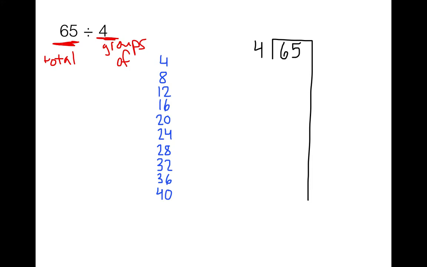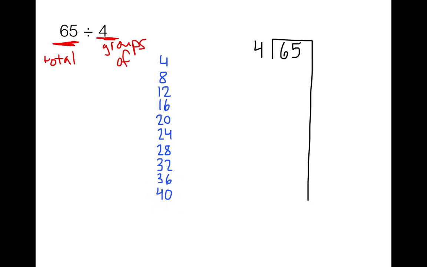Now, looking at my list of multiples, I want to see what number is going to get me the closest to 65 without going over 65. So from my list here, the number that's going to get me closest is going to be 40.